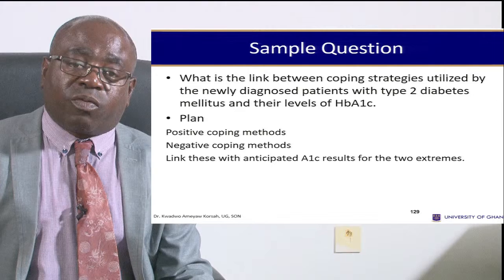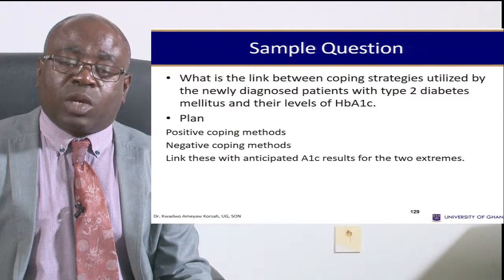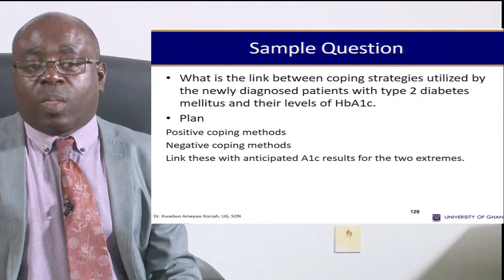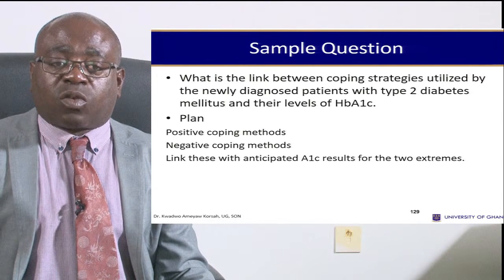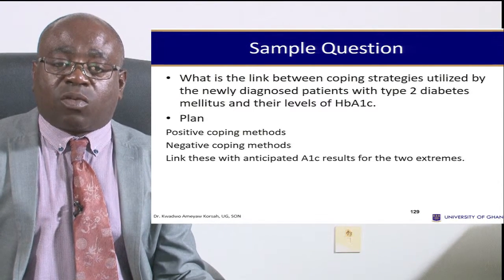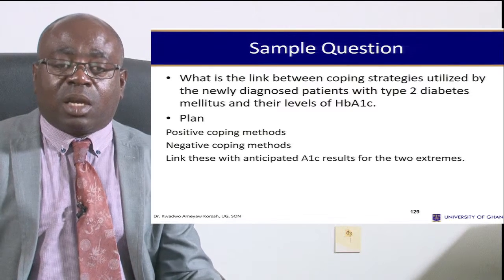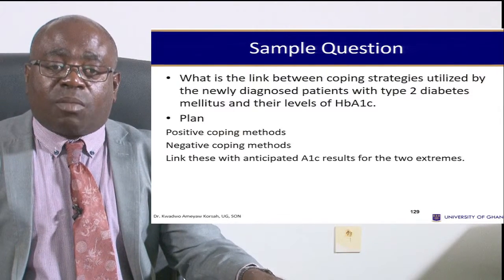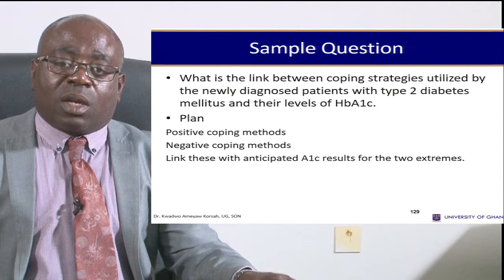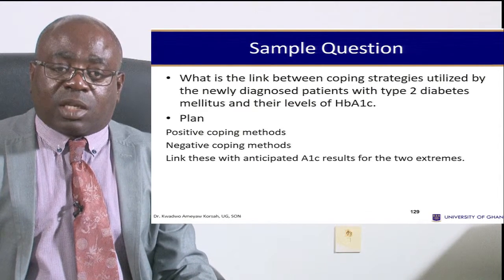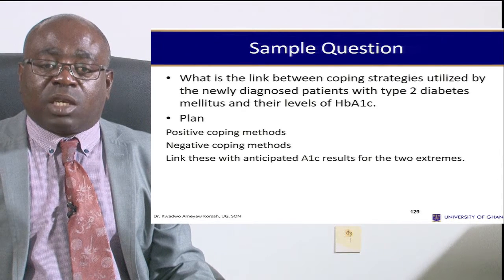For instance, somebody with positive coping methods who goes to the clinic every day to do review, or somebody who does not stop taking the medication, who is very conscious about taking the medication and using all the medical coping strategies, who accepts the condition, who is not adamant about the condition, is likely to have good HbA1c results.